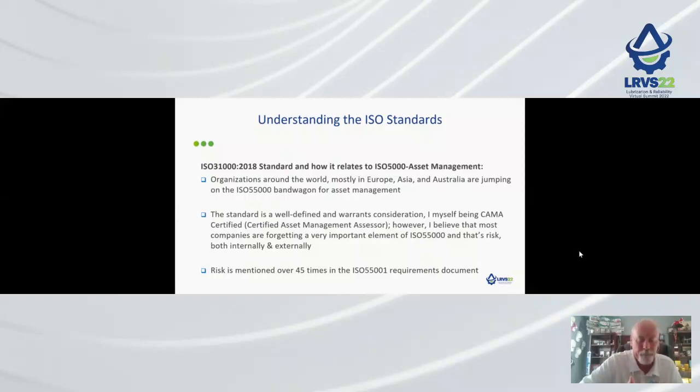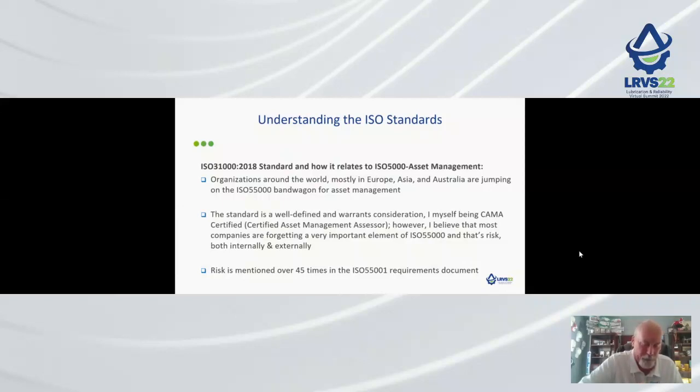I myself, being CAMA certified, do believe that those organizations that are singularly focused on just the ISO 55000 asset management standard are missing a piece of the puzzle, and that is risk.